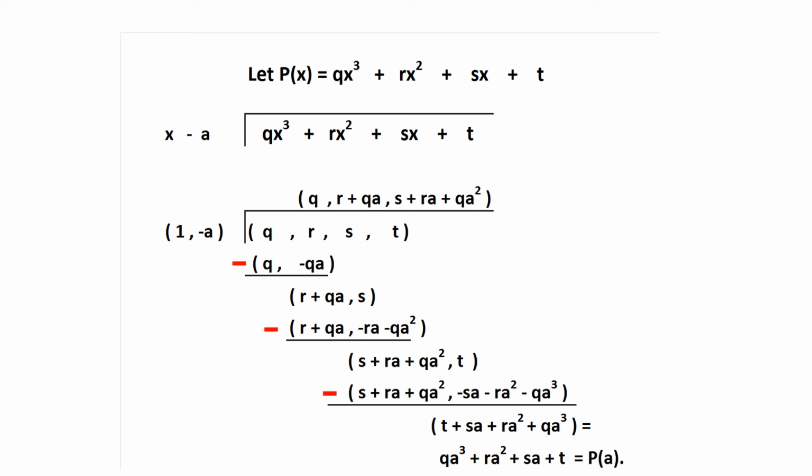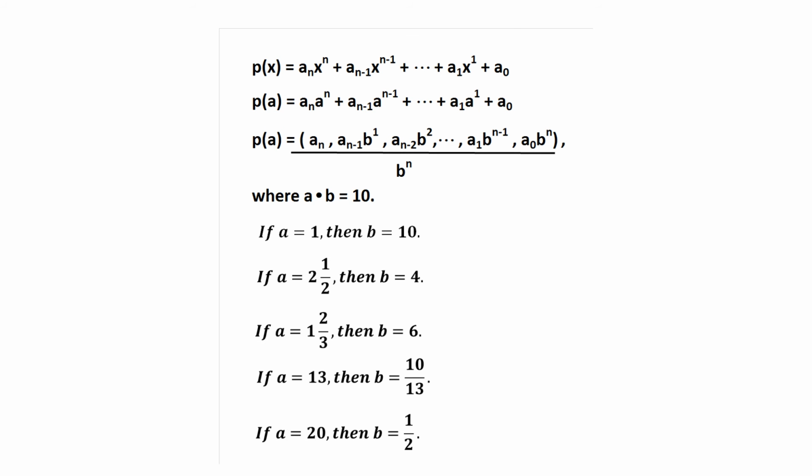And so whenever P of a is 0, you would already have the factor. You wouldn't actually have to go through the steps of the remainder theorem, which takes too much time, when you can form the form and you have it immediately, and you only use that form when P of a is equal to 0. Here we have a general polynomial.